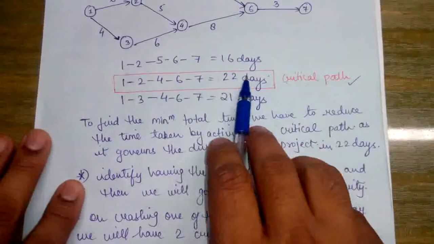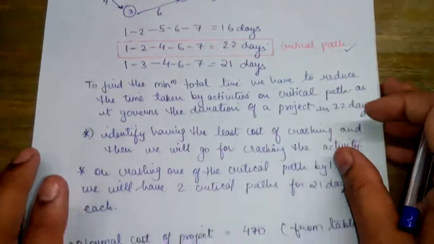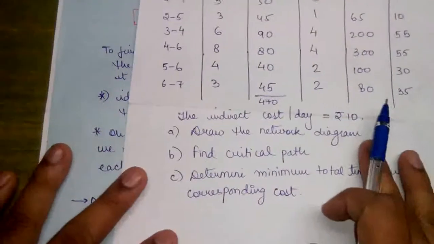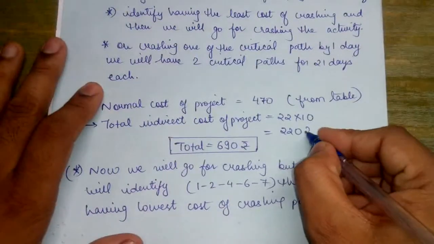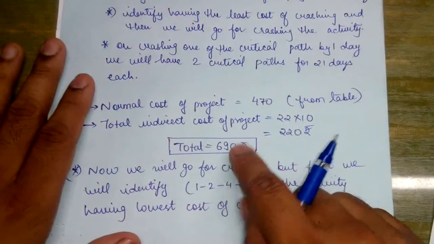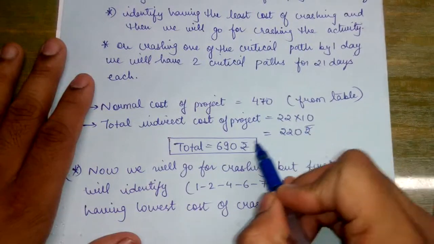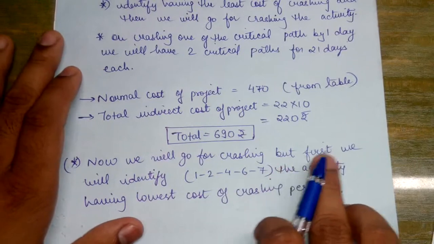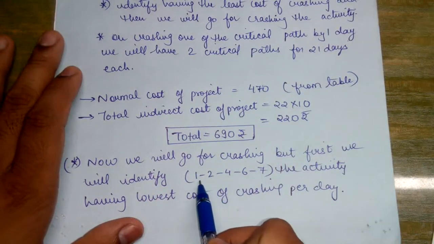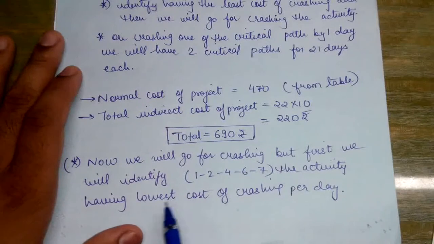Since we have been given number of days as 22 days and the indirect cost was given as rupees 10 per day, the total indirect cost becomes rupees 220. So the total cost becomes 470 plus 220, that is 690. Now we will go for the crashing of the activities, but first we will identify in the critical path the activity which is having the lowest cost of crashing per day.